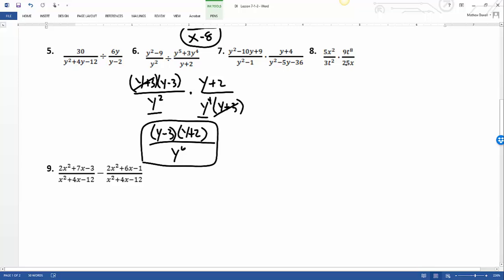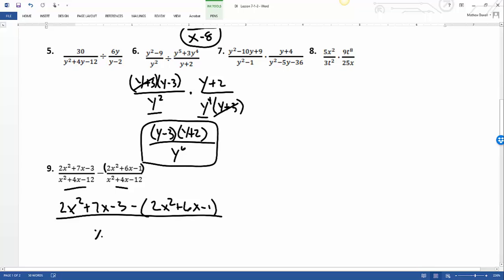So for number 9, the denominators are the same. So on the top, remember, you're subtracting, but you're subtracting the entire thing. So that's 2x squared plus 7x minus 3 minus 2x squared plus 6x minus 1 all over x squared plus 4x minus 12. So that negative distributes.